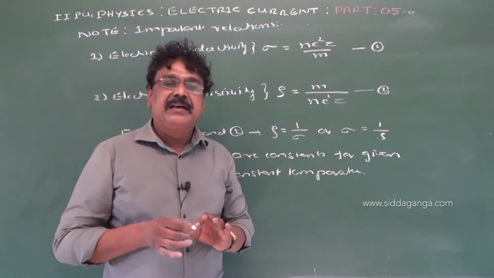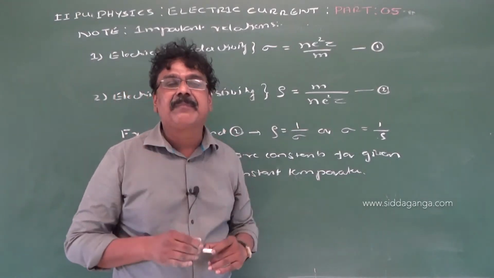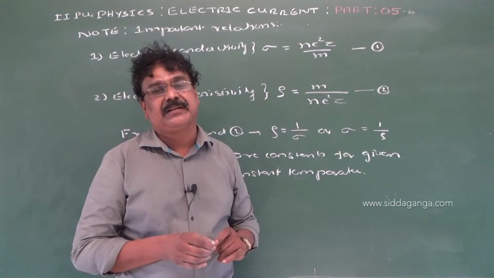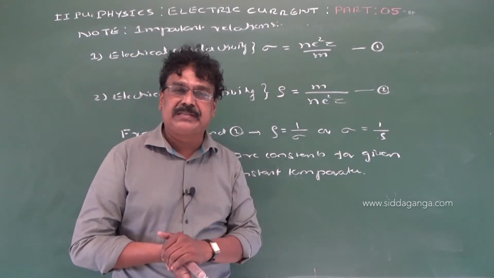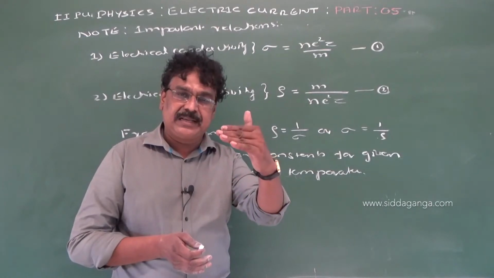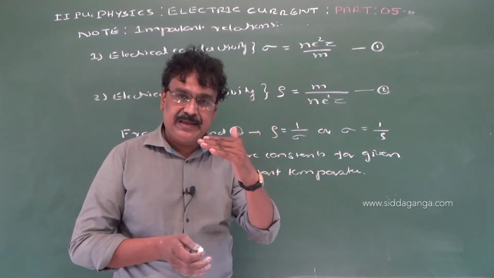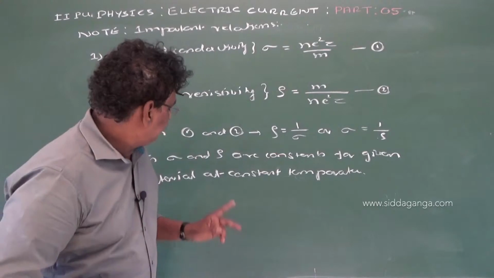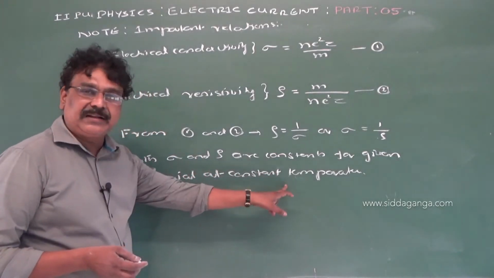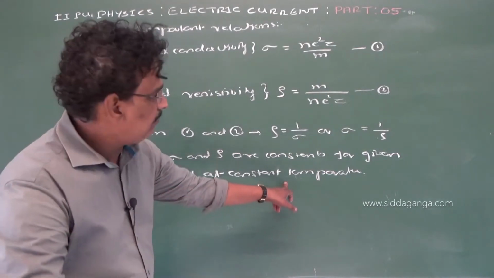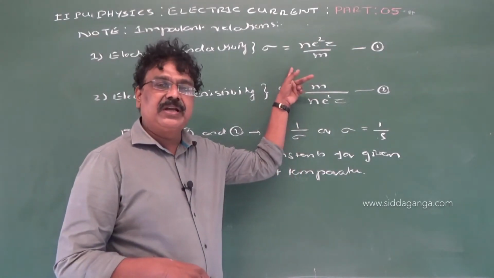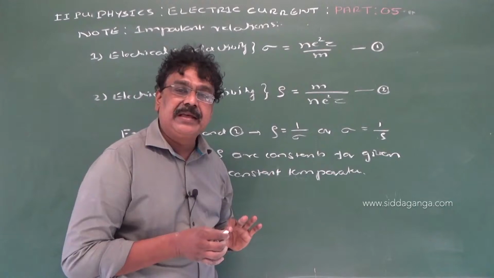In fact, relaxation time depends upon the temperature. Relaxation time is inversely proportional to temperature. As the temperature increases, the relaxation time decreases. Therefore, these two are constant at constant temperature. If temperature changes for the same material, there will be change in both conductivity and resistivity.